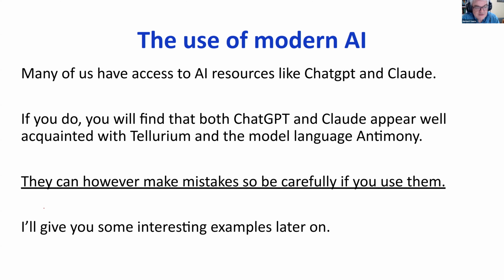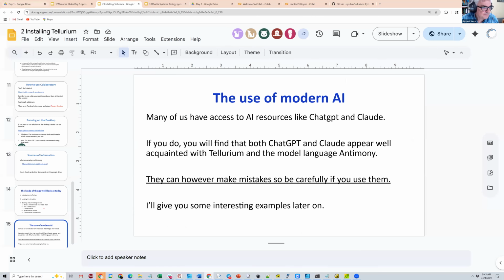You've heard of prompting, and there's this new job called a prompt engineer. Well, there's another thing that we coined, which is post-prompting: critically examining the results you got back from the AI. We'll be doing this tomorrow, but you have to watch out for mistakes from the AI. Okay, that's it.